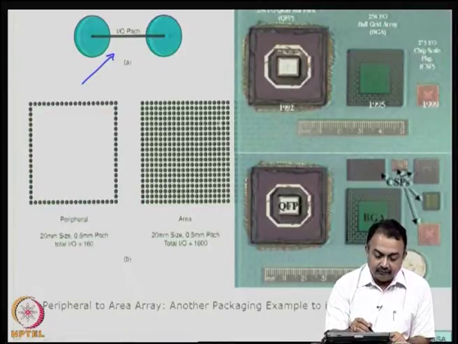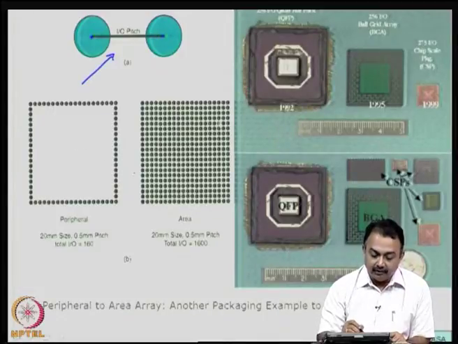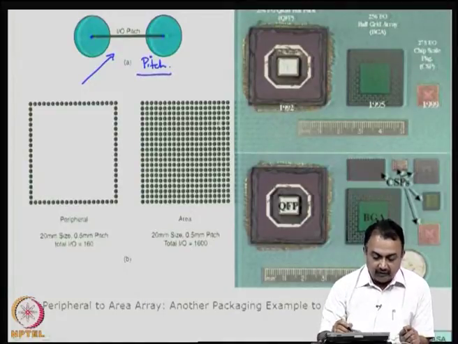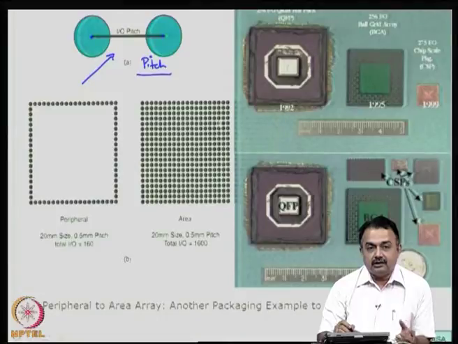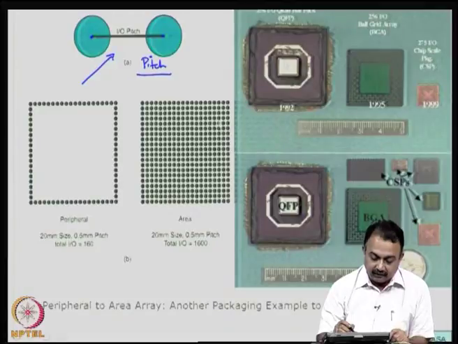If this is the center point of a bond pad or an IO, and here again this is the center point of the adjacent pin, the distance between the midpoint of the first and the second is known as the pitch. Pitch will give you very good information about the sizes, and the pitch also relates to the assembly techniques that you need to use, and it also indicates the capability of handling these packages.